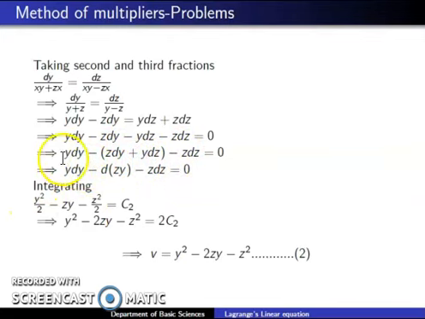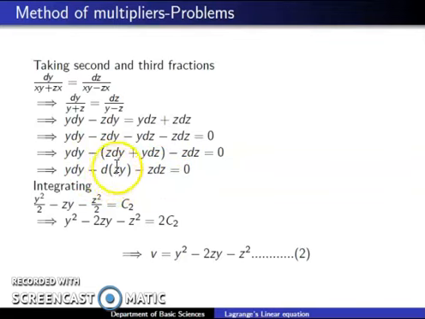Now when we look at this expression, you can integrate the terms y dy and z dz. But what about z dy + y dz? That can be written as d of zy. You have already studied the total differential. Using the property, we can write y dy − d(zy) − z dz.